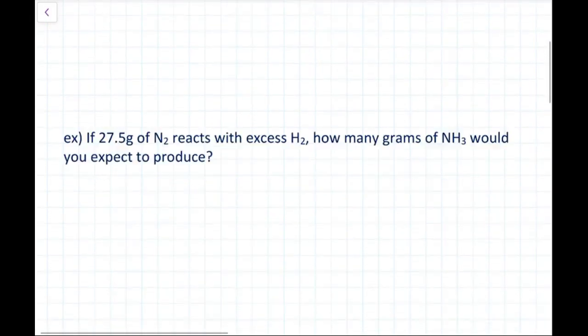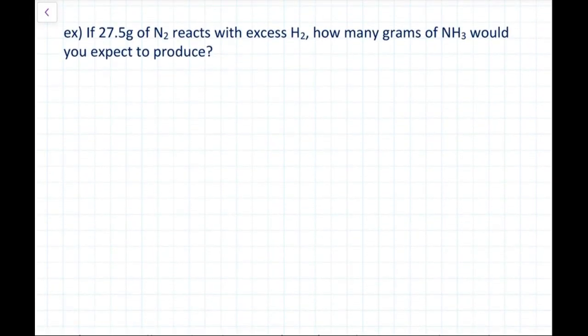Let's look at a problem. This isn't a percent yield problem just yet, but it's going to get us there. It says if 27.5 grams of N2 reacts with excess H2, how many grams of NH3 would you expect to produce? So first of all, you need the balanced equation.